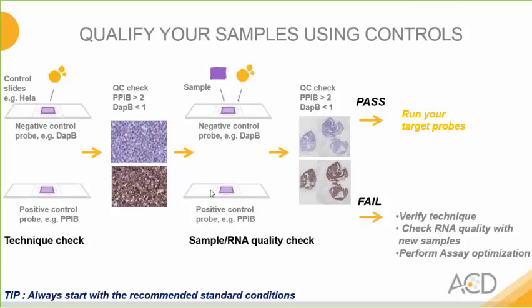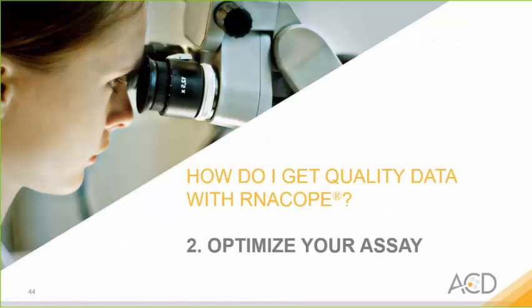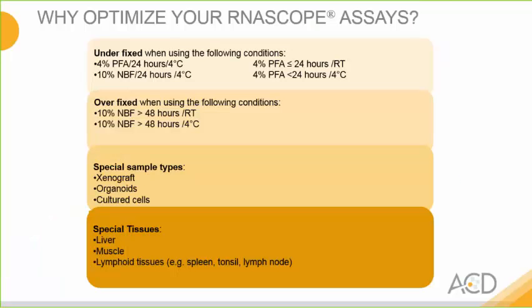And the second step to get quality data is to optimize your assays. So, for example, make sure you choose the appropriate fixation condition for your tissue type and follow ACD guidelines. For instance, shown here for FFPE tissues, we recommend to fix in 10% NBF for 16 to 32 hours at room temperature.